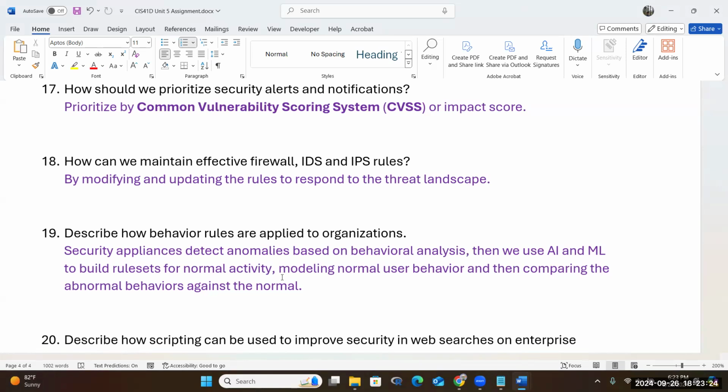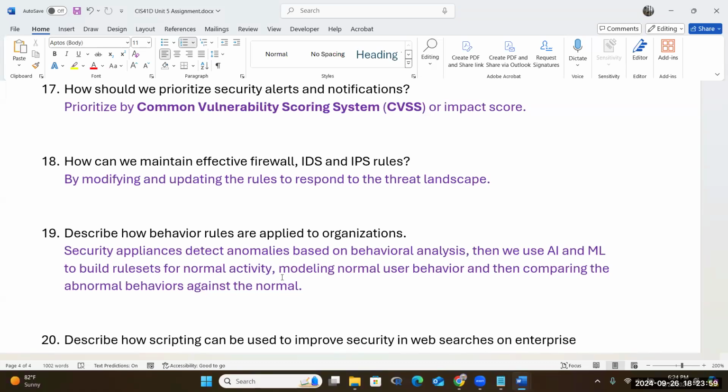You have to teach the artificial intelligence what activities would be considered normal in your infrastructure. That means we are modeling normal user behavior, normal network activity, normal system behavior. And everything outside of our scope of normal would be considered abnormal.